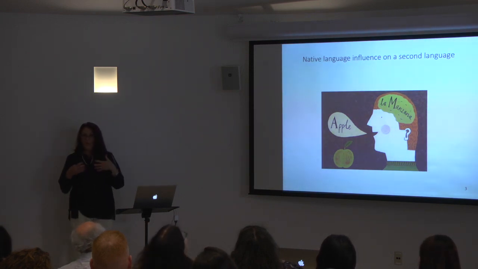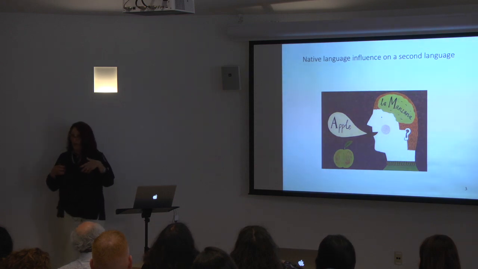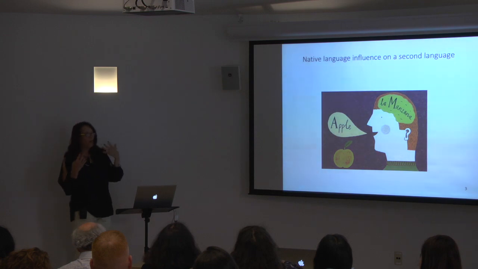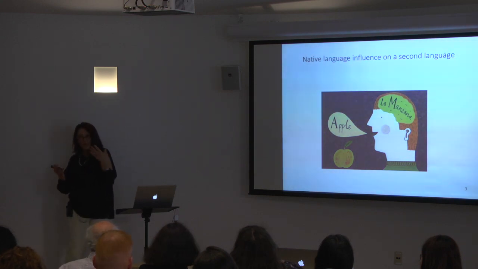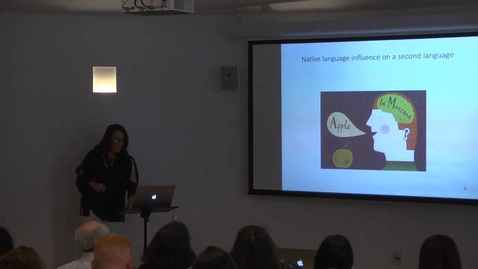The reason that we think they are faster naming these cognates is because cognates are activated in the two languages and make the decision faster, and so there is facilitation. And so this is some of the evidence, some of the methods that are taken to figure out how it is that the two languages are active and influence one another.